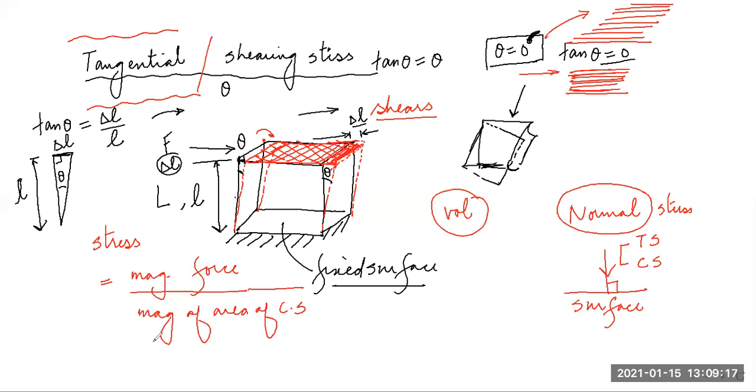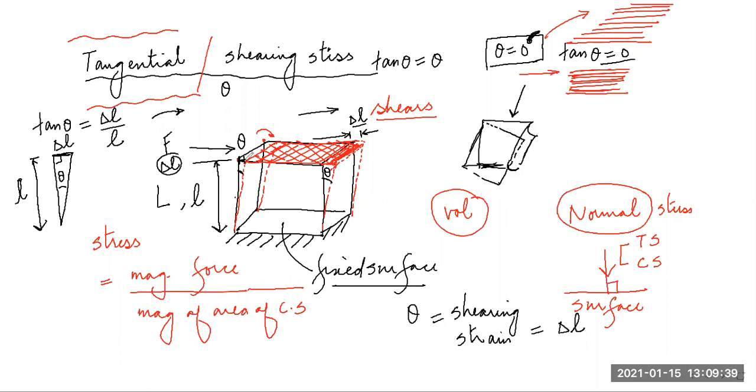So we can say tan theta is equal to theta, and this is your shearing strain. And yes, Ishma, this is equal to delta L by L. What is delta L?